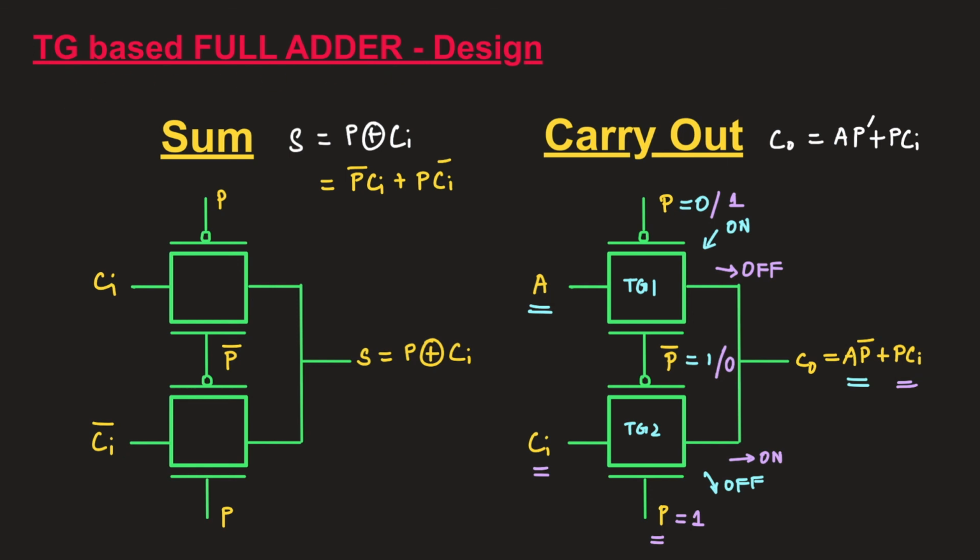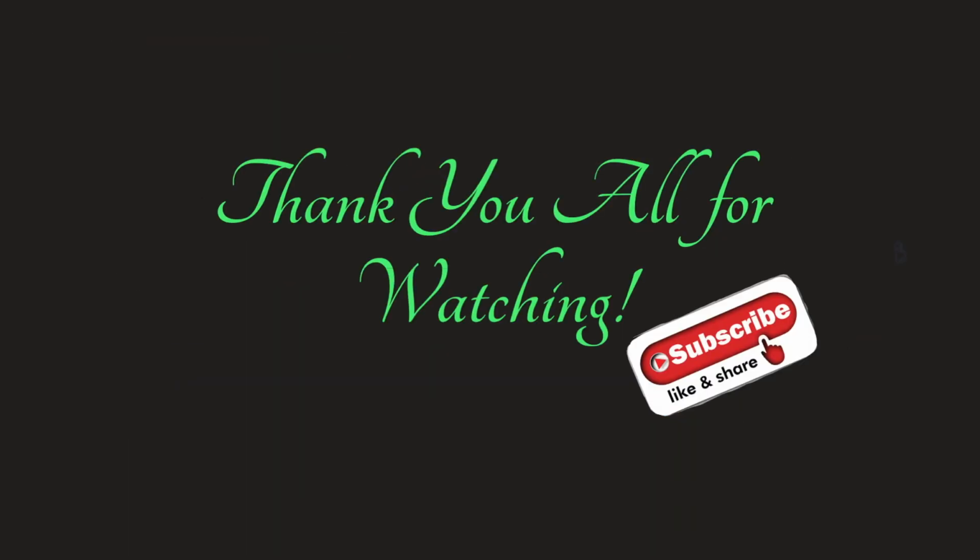So therefore, we take that carry generate function A dot B and equate it to a different function where I can incorporate one of the complementary inputs. So A dot B becomes A dot P bar, and we have implemented this particular equation in transmission gate. And implementing sum is very straightforward because it is just an XOR function. Hope you all have understood the concept of transmission gate based full adder design.